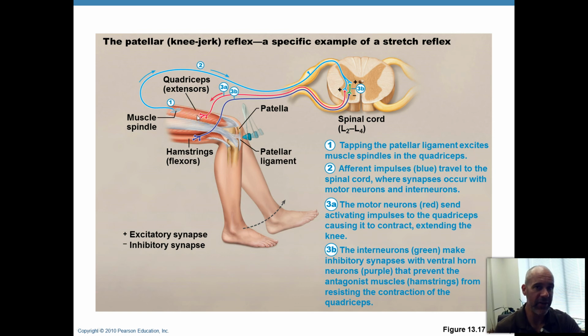And what's the action of the quadricep muscles? Like your rectus femoris, your vastus lateralis, your vastus medialis. When they contract, you extend your knee, you kick your lower leg forward.